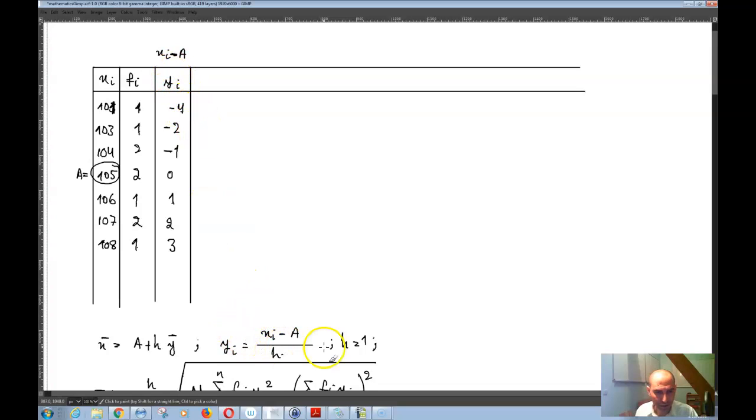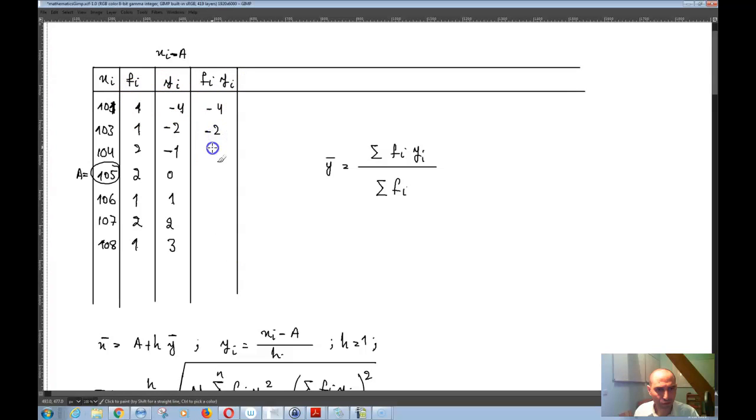Now to calculate y bar based on this, you know that y bar is equal to sigma f of i y of i divided by sigma f of i. So if I calculate sigma f of i times y of i, what I will get is negative 4, negative 2, negative 2, 0, 1, 4, and 3.